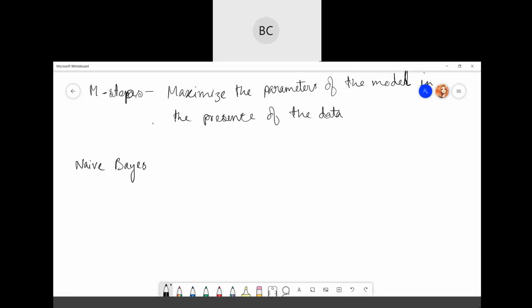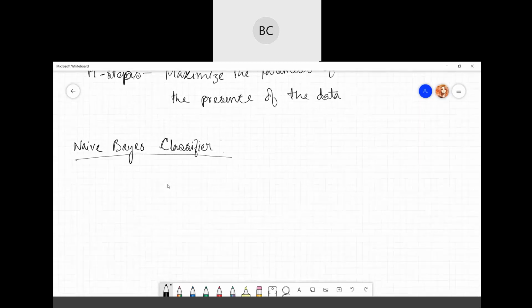Naive Bayes classifier, what is this? Any idea?